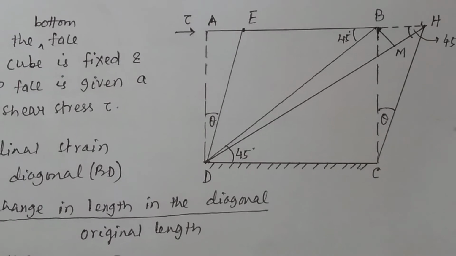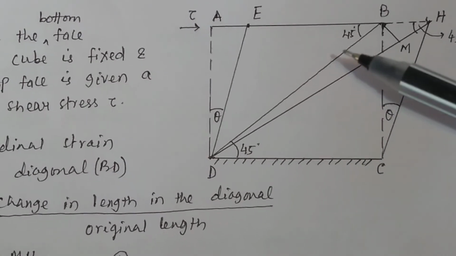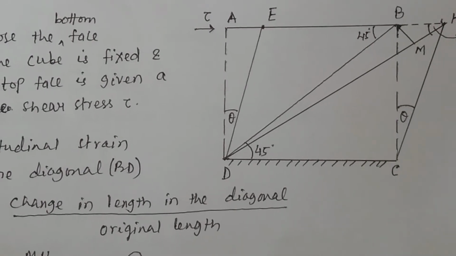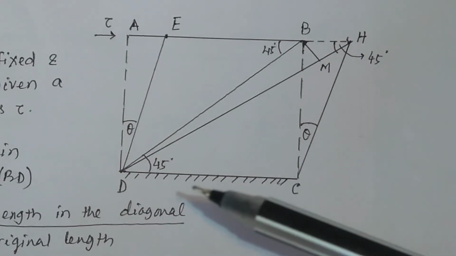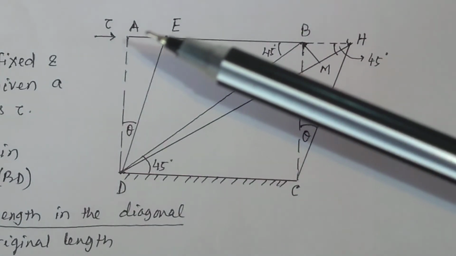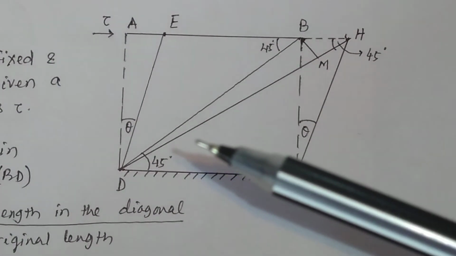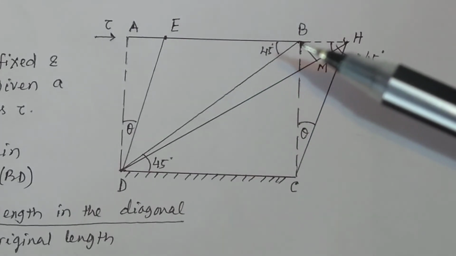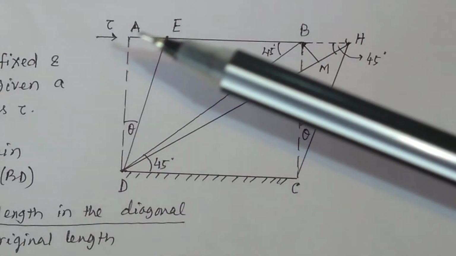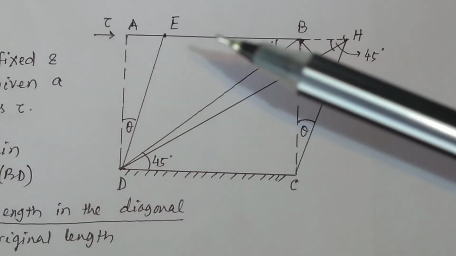From the figure it is clear that when there is elongation of the diagonal DB, you have compression of the diagonal AC. The diagonal DB elongates to DH and the diagonal AC is compressed to EC.